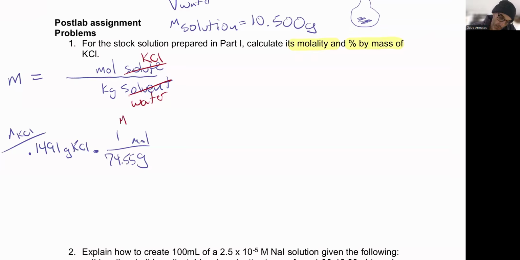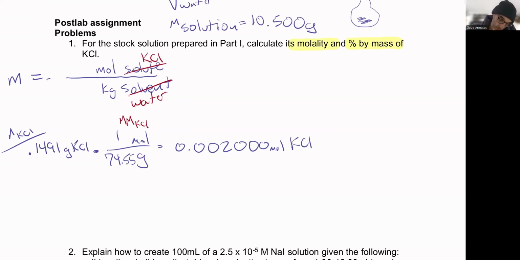This is the molar mass of KCl. So I end up with 0.002000 moles of KCl. I need 4 sig figs because I started with 4 sig figs. So there we go.